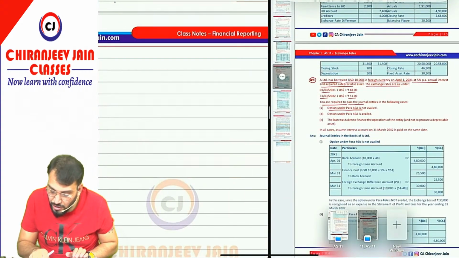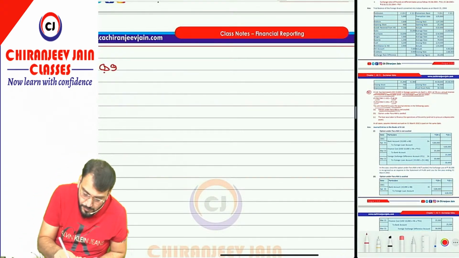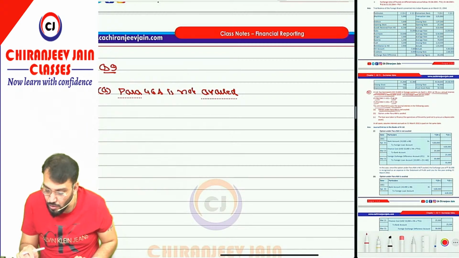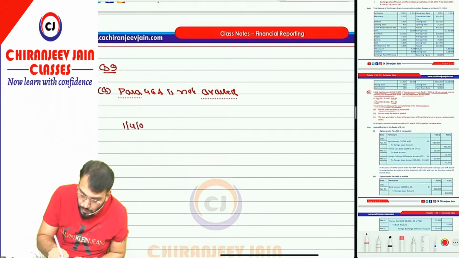So we are doing question number 9, point number A, where para 46A is not available. Tell me, you have taken a loan on which date? On 1/4/2001. On 1/4/2001, what journal entry will you do?